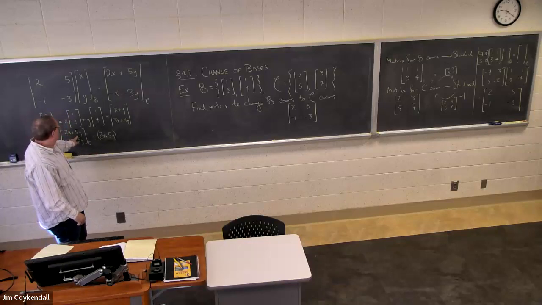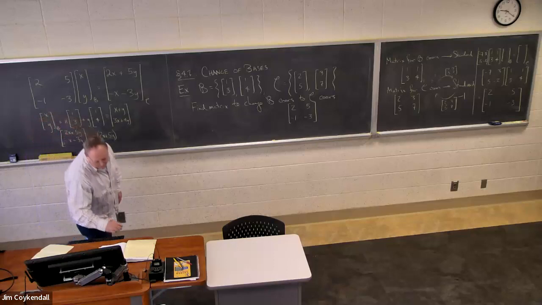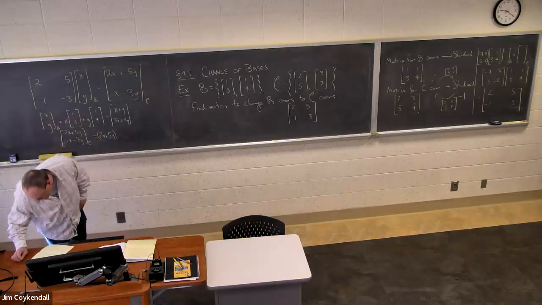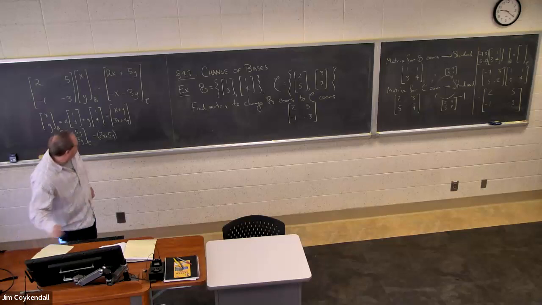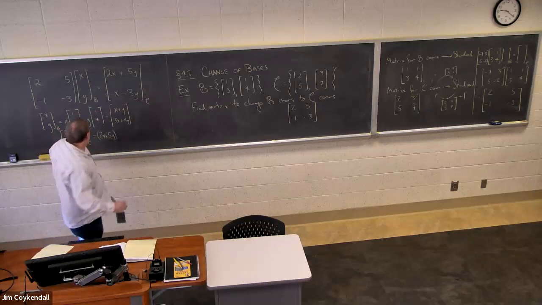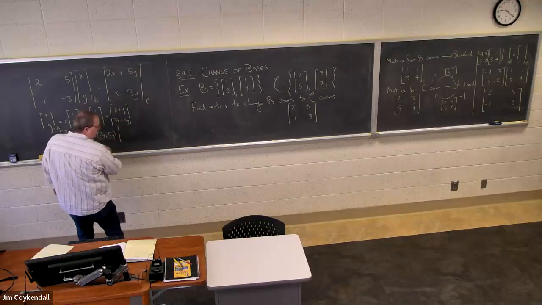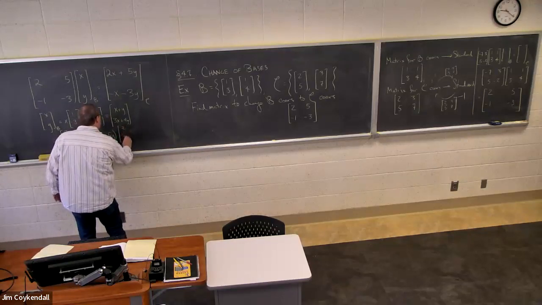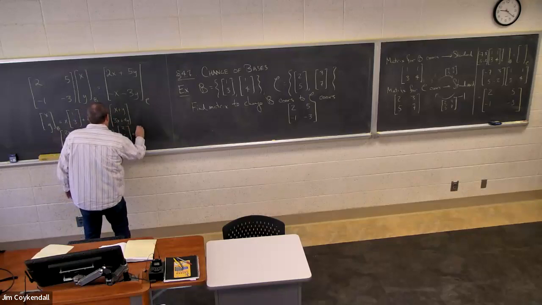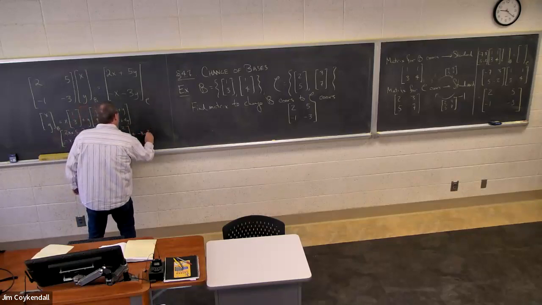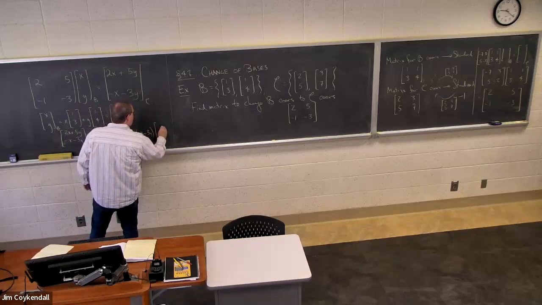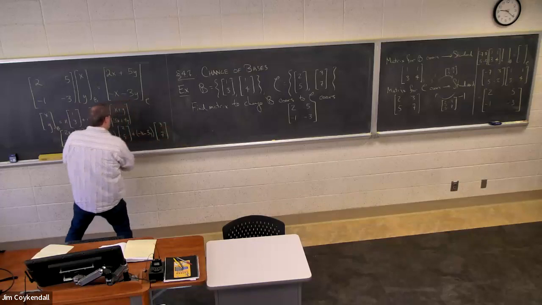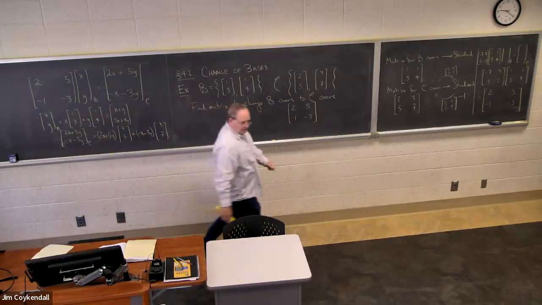The first coordinate is 2X plus 5Y, so that's 2X plus 5Y times the first vector here, which is 2, 5. And then minus X minus 3Y times the second vector, which is 3, 7.